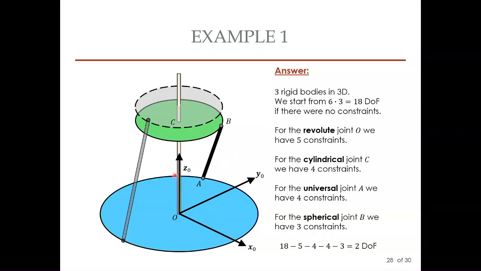So when you come to analyze this system, you will start by writing the Newton-Euler equations for each rigid body. You will need to write the free body diagram for each rigid body, so you will probably draw the blue disk separately, the black rod separately, and the green disk separately. You will put all the forces and moments acting on each, and for each you will write the Newton-Euler equations.